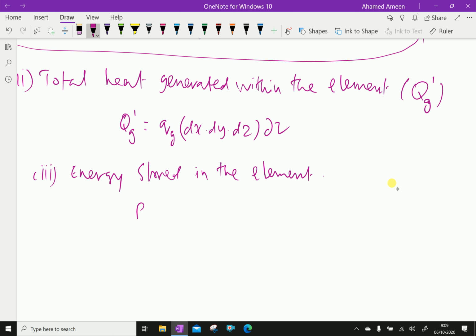The formula is rho, that is density, times dx dy dz, that is volume, into the specific heat constant C, we can put C only, and ∂T/∂tau into ∂tau.